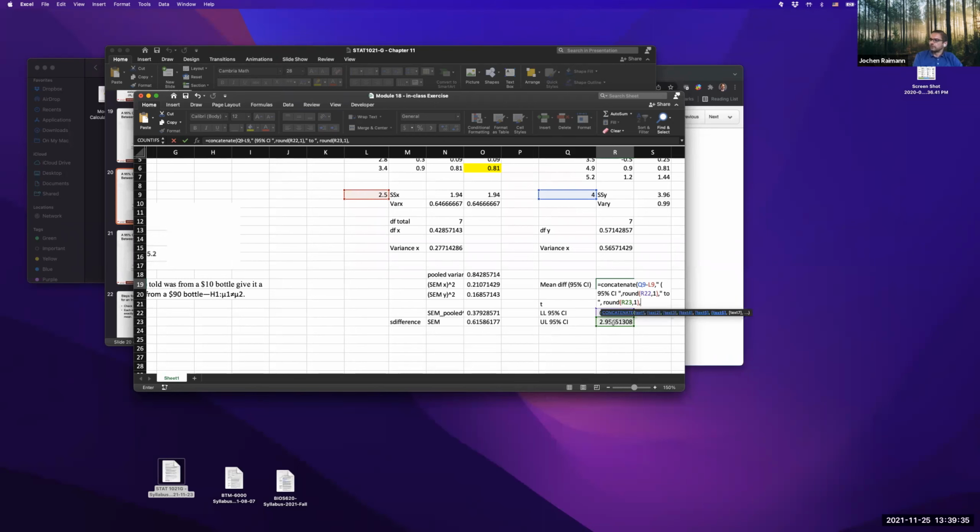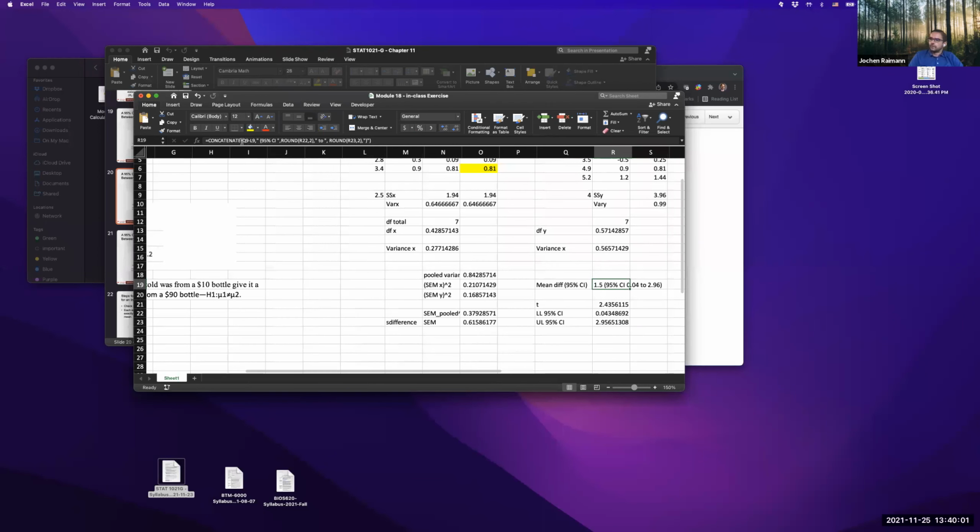Oh, forgot something. We don't need to close the parentheses. Now with the last bracket, we're closing another concatenate. Okay, we need more decimals, otherwise it doesn't show the 0.04. Always have the same number of decimals in whatever you're expressing.